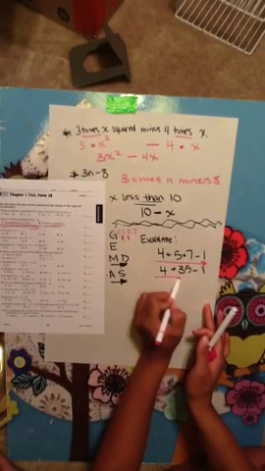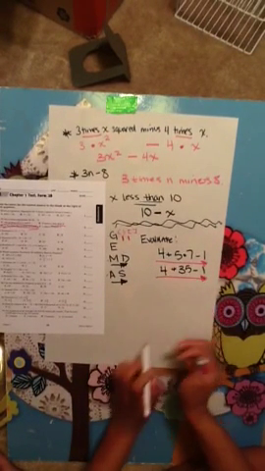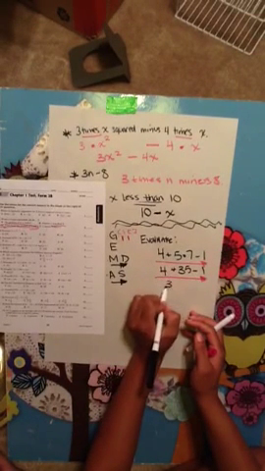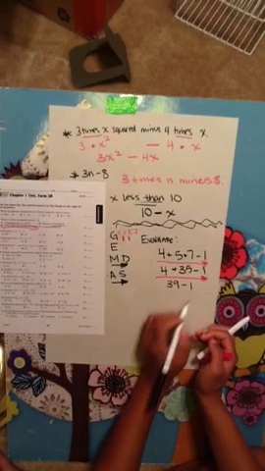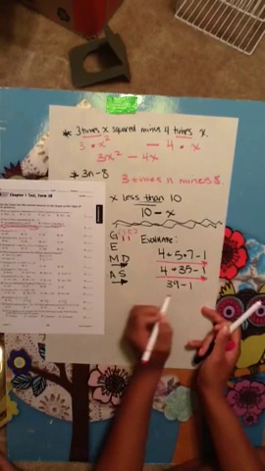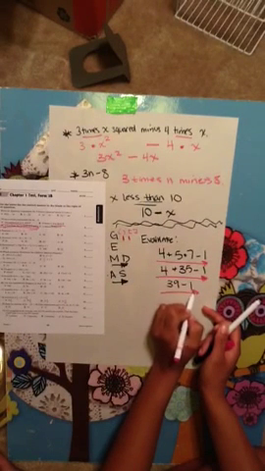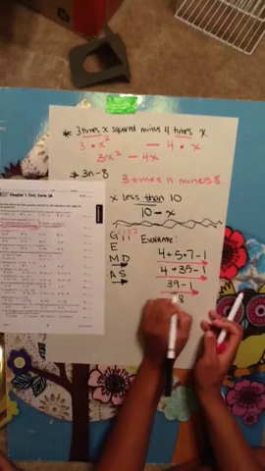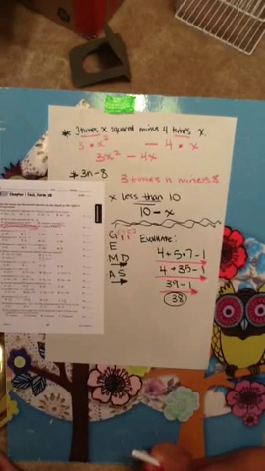Once again, that's a left to right thing. As we run into it, we want to do it. So we have 4 plus 35, which is going to be 39 minus 1, which I just wrote everything we didn't use. And one last step is subtraction. It's the only operation left, which is going to be 38. So our answer here is 38.